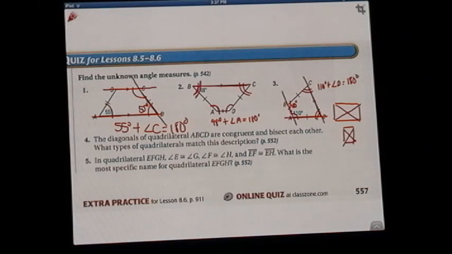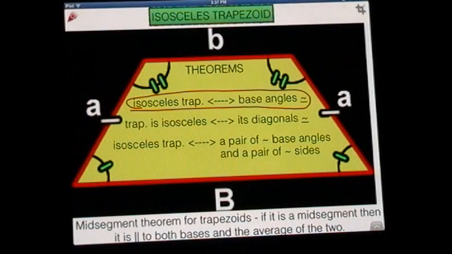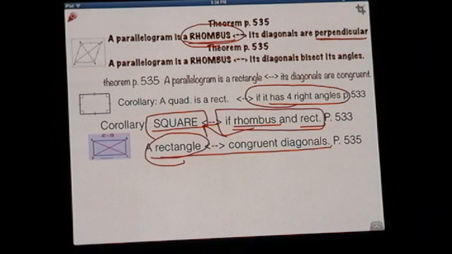Okay, let's go look at our theorems. Now with an isosceles trapezoid, the diagonals are congruent, but they don't bisect each other. For a rhombus, the diagonals bisect each other, but are not congruent.